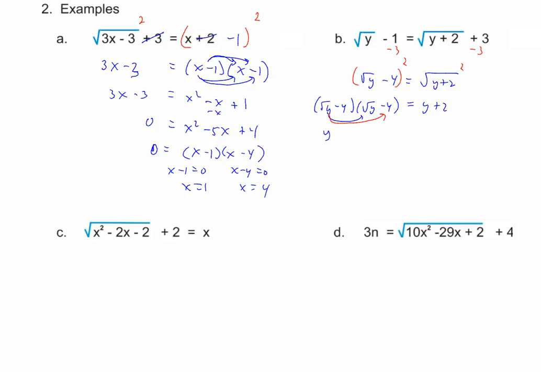You get a negative 4 times the square root of y, and look at the inners. You get another negative 4 times the square root of y, for a grand total of negative 8 times the square root of y. That's the middles. And then when you finish it out, negative 4 times negative 4 is a positive 16. That's the left-hand side. The right-hand side is still y plus 2.